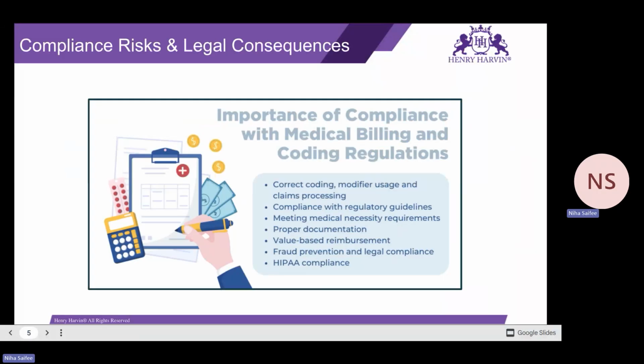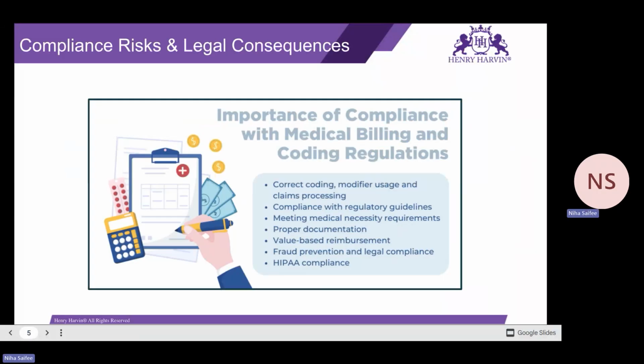If something fraudulent is detected, then according to HIPAA law, very strict actions can be taken. You might have to pay a very high penalty, or you might even be put in jail. You might lose your medical license, depending on the level of fraud.